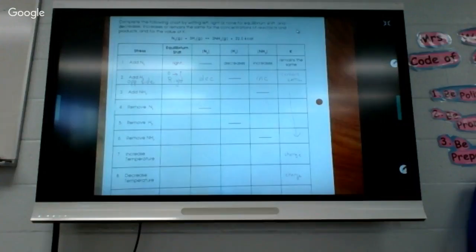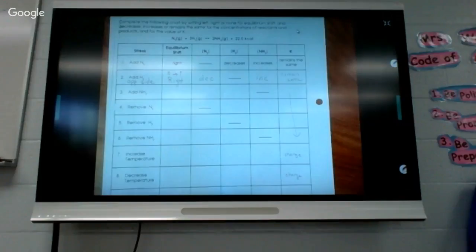Same stuff. Removing H2 would be what? Left. Yes. Removing H3 would be what? Right. Yes. It goes to the left.